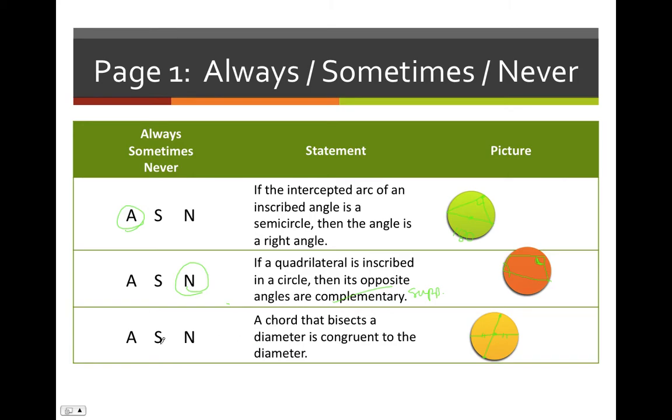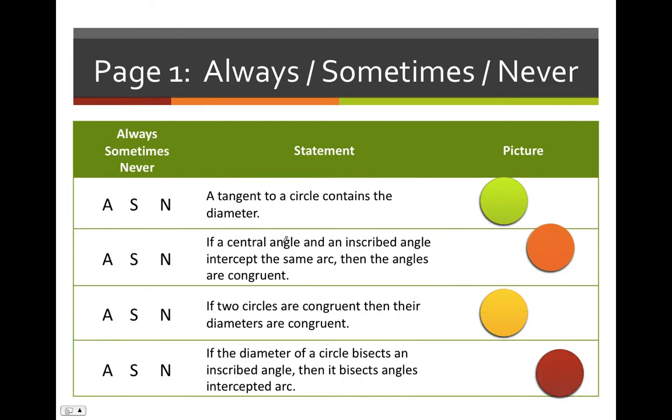So that would be always. A tangent to a circle contains the diameter. So if I have a tangent to the circle, and here's a diameter, the only thing they share is that point, and that's not containing the whole diameter, so never.